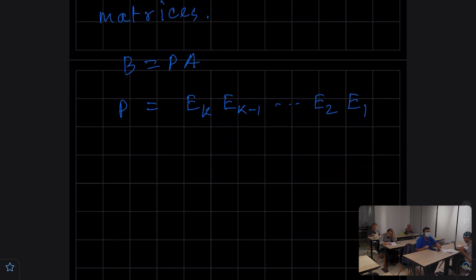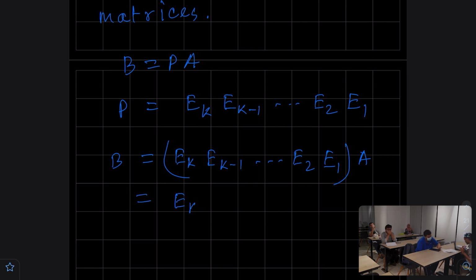So B is equal to E_k dot dot E2 E1 multiplied by A. Okay. So E1 of A will give you one elementary row operation acting on A, and E2 of E1 of A will give you the second elementary row operation acting on E1 of A.